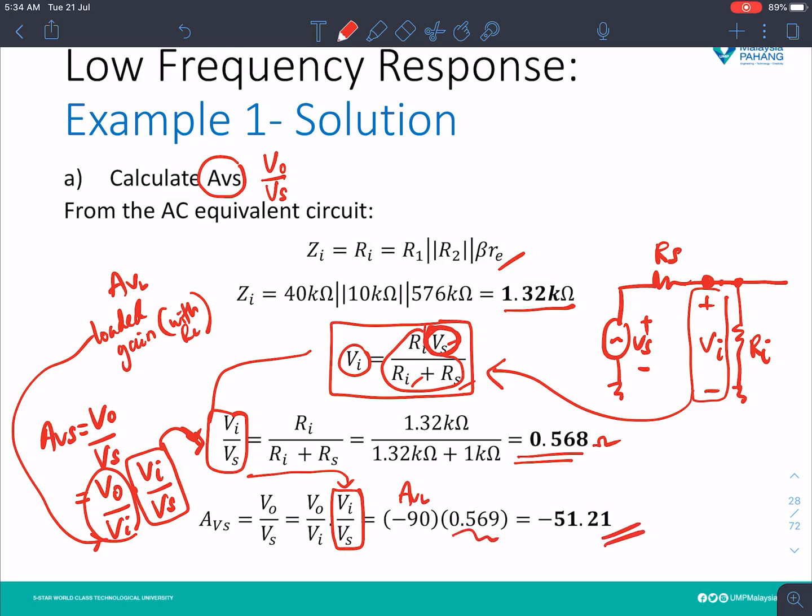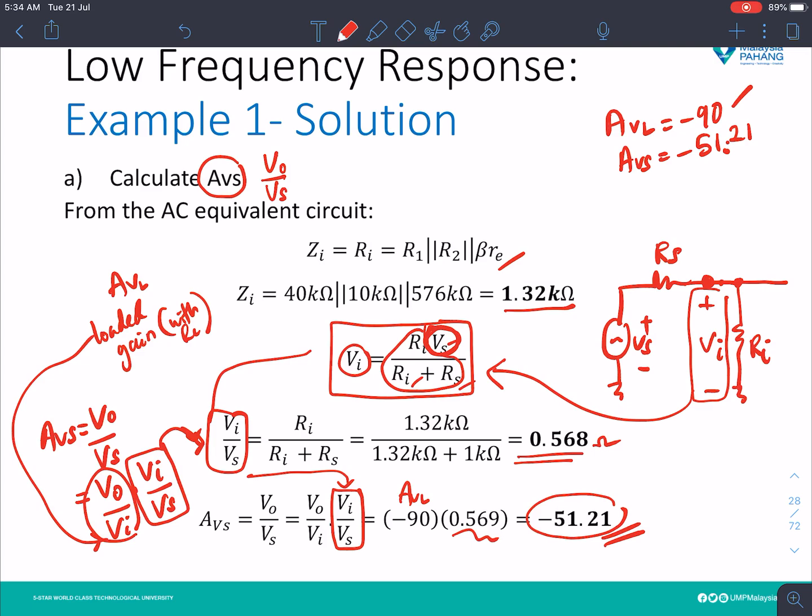And finally, AVS is negative 51.21. We can see that here the AVL is negative 90, AVS negative 51.21. You can see the difference during the loaded gain.